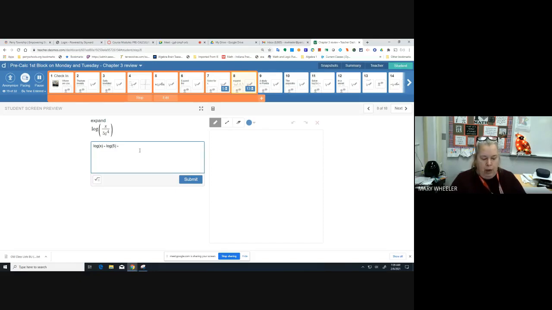I purposely put common logs so we didn't have to do subscripts. Try and give some comments here.